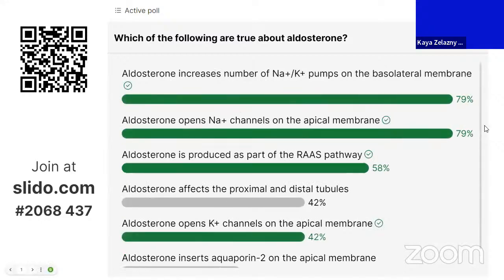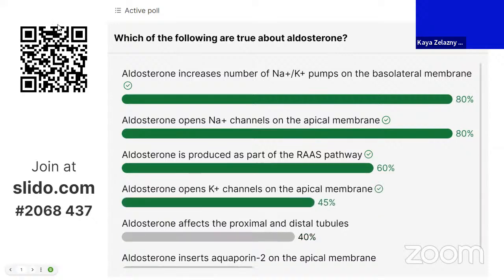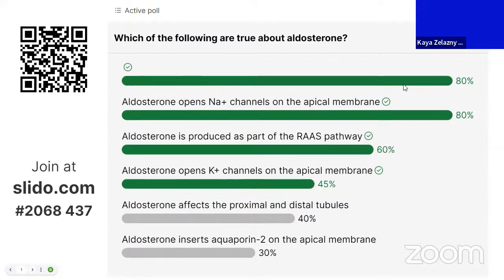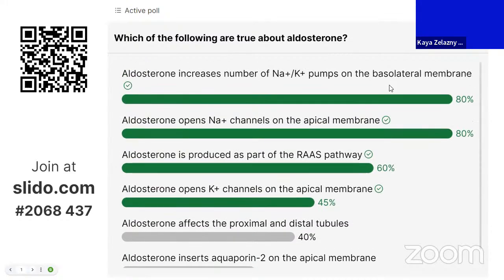Okay, so let's go through it. Pulled up a couple of pictures for us from last time, but let's discuss. Yes, okay, so most people got this first one. So aldosterone, one of the things that's going to be driving all its actions is that sodium potassium pump on the basolateral membrane.